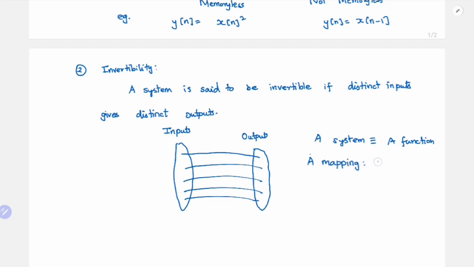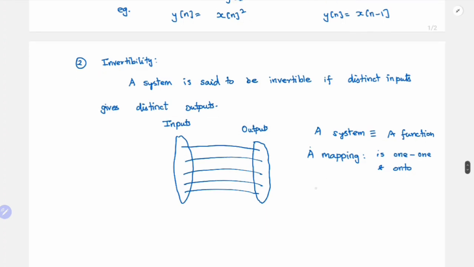And if that mapping is 1 to 1 and onto, which also means for each distinct input, you have distinct outputs, then the system is invertible and it has an inverse, right?